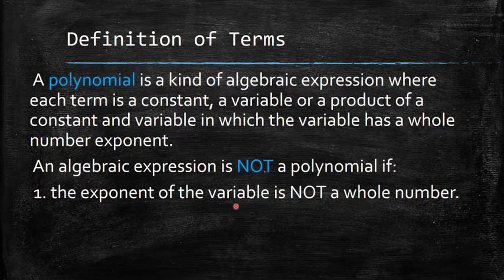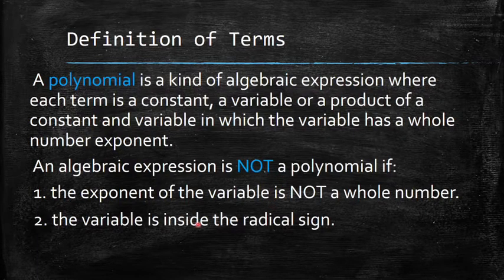Take note, we are only talking about the exponent of the variable, not the numerical coefficient or the constant. So we will focus on the variable. If the exponent of the variable is not a whole number, the algebraic expression is not a polynomial.